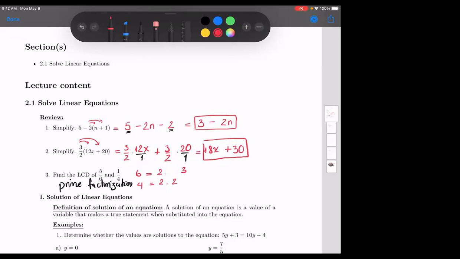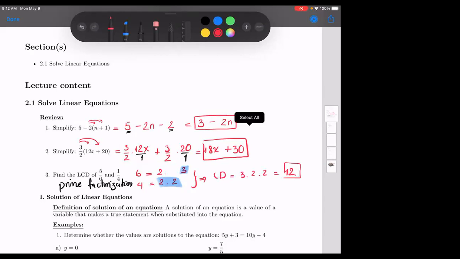So you want to pick the one that has more 2's in it. So I'm going to pick the 2, 2, right? And then 6 has 1, 3, but 4 has no 3. So I'm going to pick the one that has 1, 3. So LCD is 12. 3 times 2 times 2, which is 12.